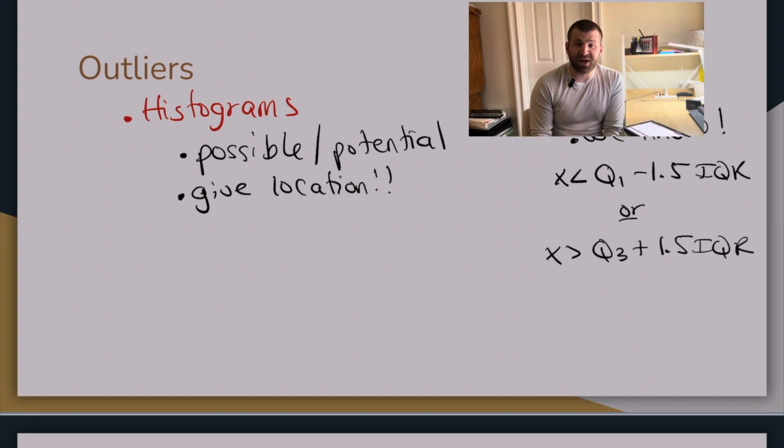So with a box plot, you can use some more deterministic language if you'd like to, in saying, yes, there is an outlier and here's where it is, because now we have those fences. With a histogram, we don't have that.